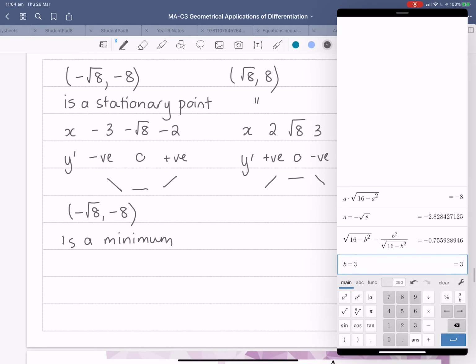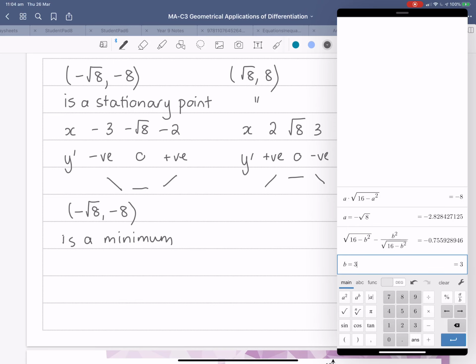So we've got 2 stationary points so far. Let's have a look if we can find any intercepts. So to find the x-intercept, we substitute y equals 0. So that means x root 16 minus x squared equals 0.